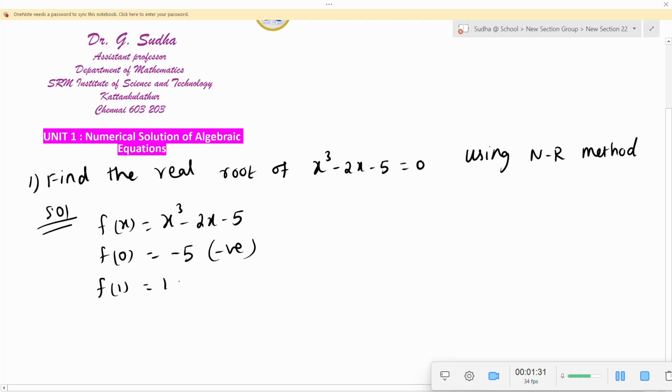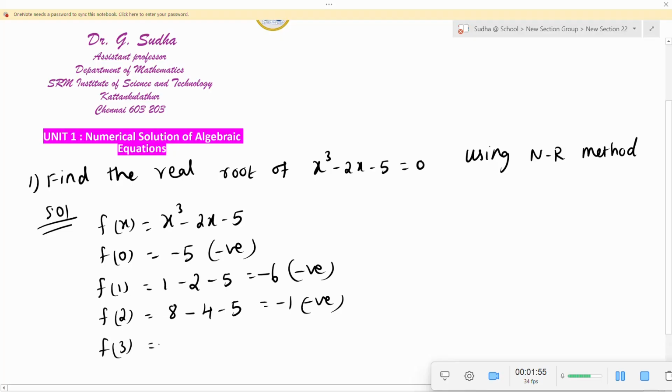Then we will get 1 minus 2 minus 5, so minus 6, which is negative. Instead of x, we substitute 2. So 2 cube is 8, minus 2 into 2 is 4, minus 5 equal to minus 1, which is again negative.